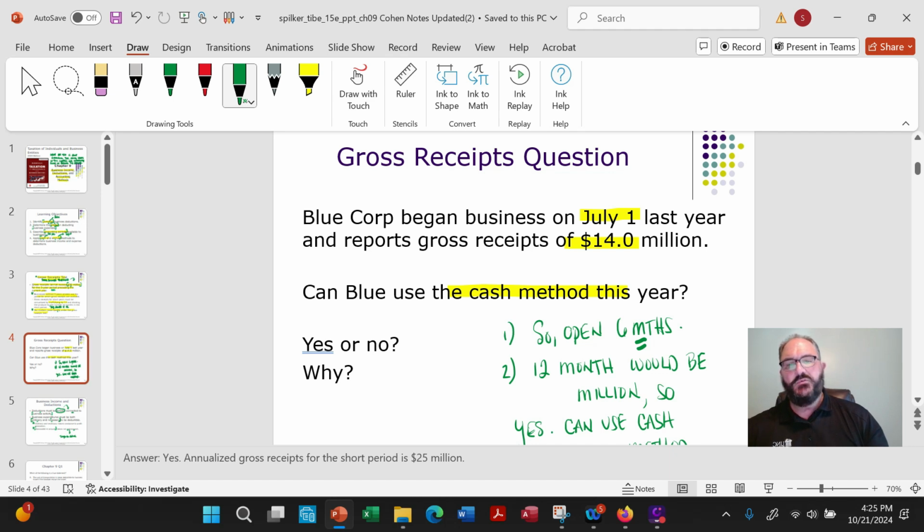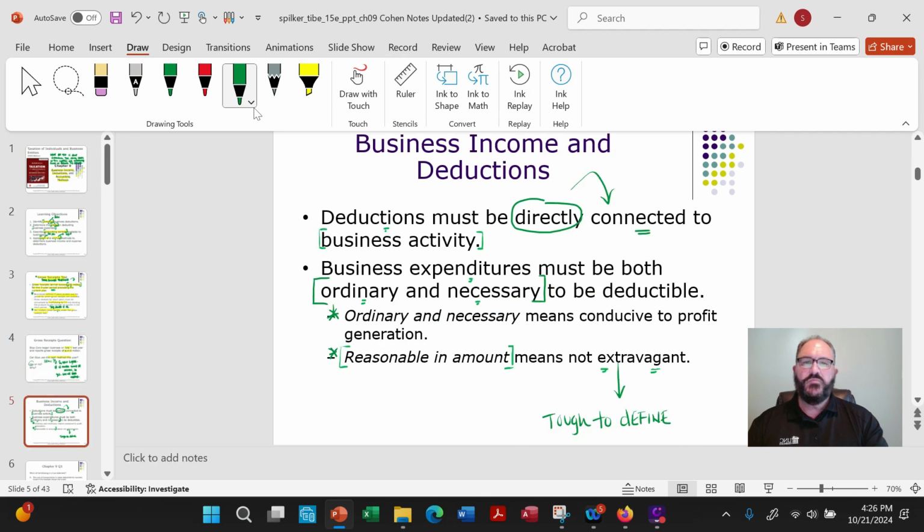So for 12 months, that would be $28 million, and $28 million is less than $30 million. So the answer is yes.